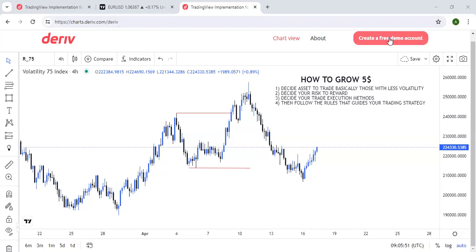So the second thing to do is to decide your risk to reward ratio. What will your risk to reward be?